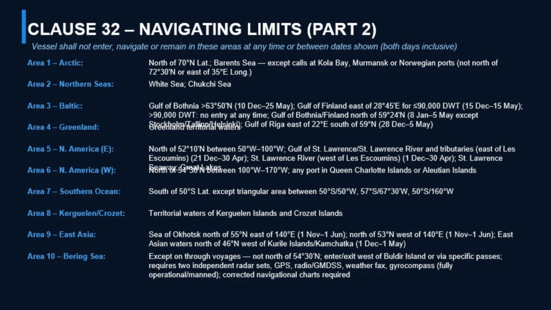If a vessel enters restricted areas without insurer approval, insurance coverage may be affected. These restrictions help insurers control exposure to extraordinary risks. For examination purposes, remember, navigating limits define areas where vessels may not trade without prior approval from underwriters.